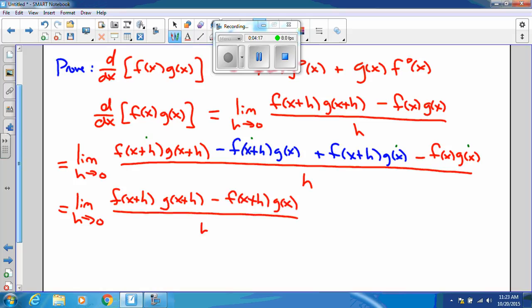So here I have my first two terms, plus, over here, I have my next two terms. And the reason that I can do this is that dividing by h is the same as multiplying by 1 over h, and so I can simply distribute the 1 over h to these two terms, and distribute the 1 over h to those two terms. So it's just a common factor.